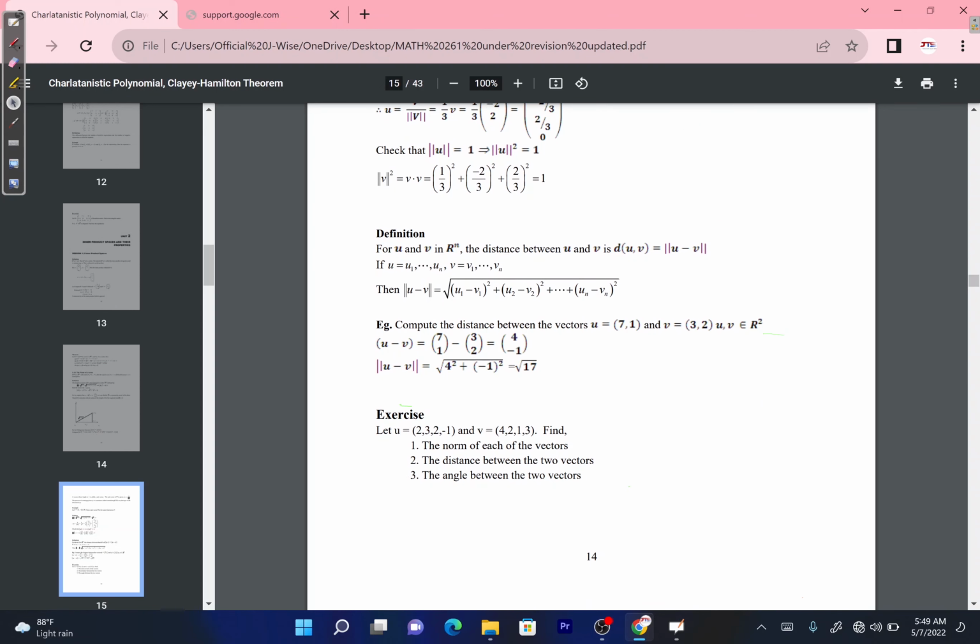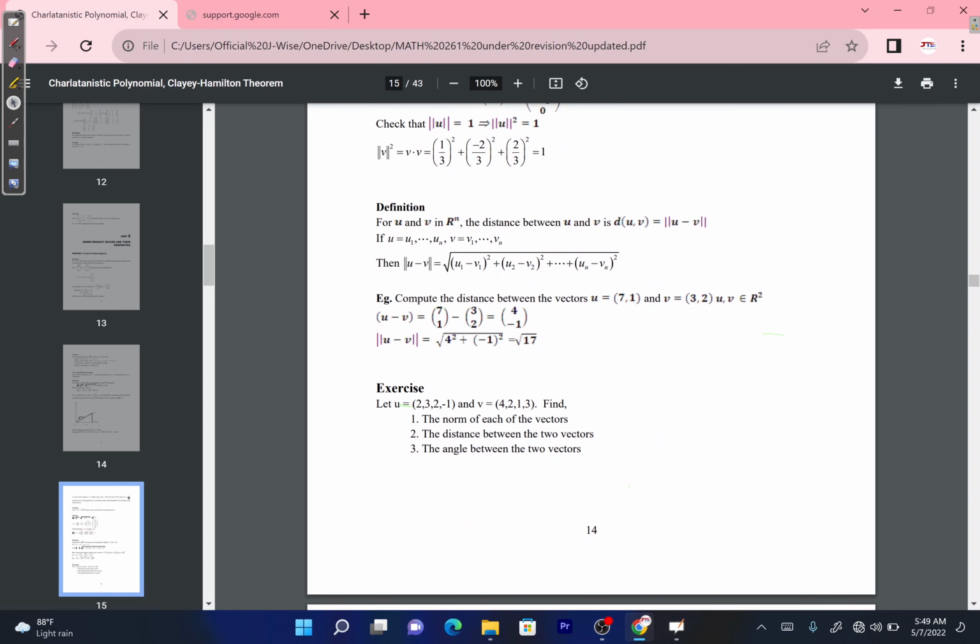So now let's look at the definition. When you have any two vectors u and v, such that u is given by u1 up to un and v is also given by v1 up to vn, then the distance between these two vectors is given by this, and you can also call it a metric, d of u, v.